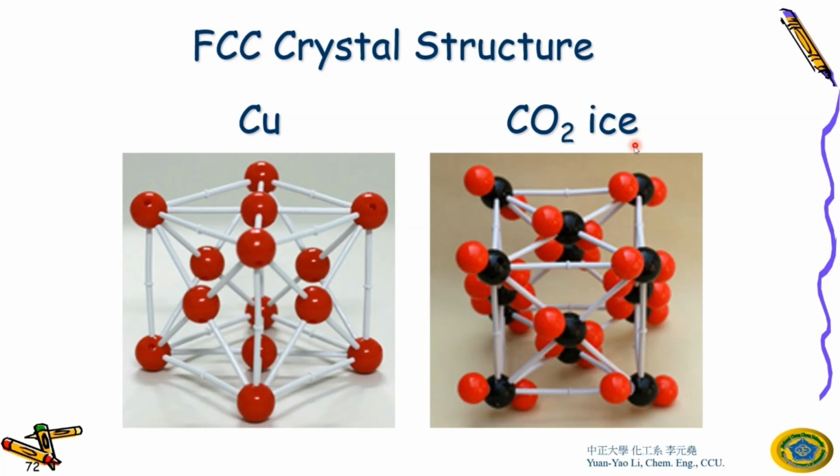Carbon dioxide ice is what we call ganbin in Chinese, right? If you put the carbon dioxide molecules in this position to replace copper, this is also FCC, 545. Carbon dioxide ice is a crystal structure.